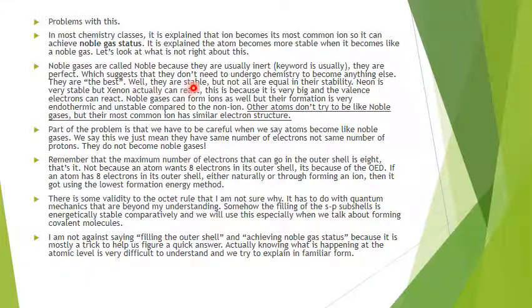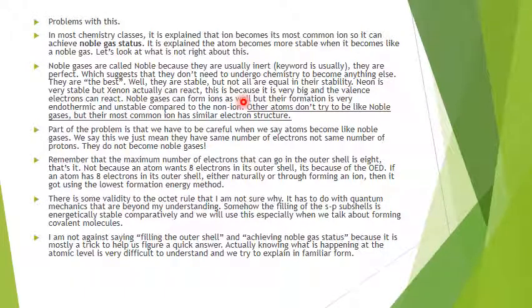Well, they are stable, but not all equal in their stability. For instance, neon is very stable, but xenon actually can react, and this is because it is big and the valence electrons are very far away from the nucleus, and they can react with elements like fluorine. Noble gases can form ions.